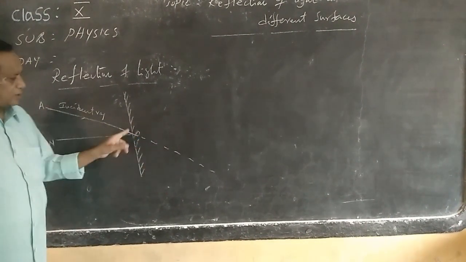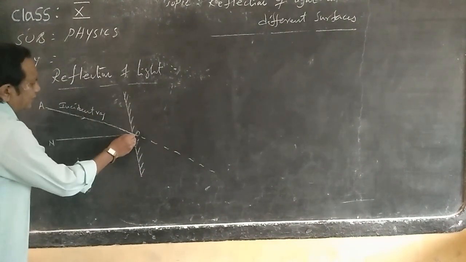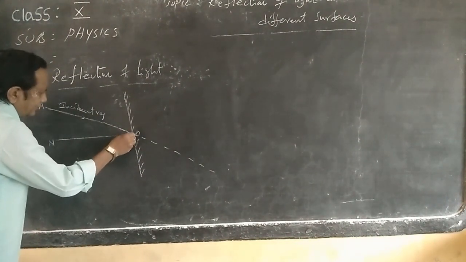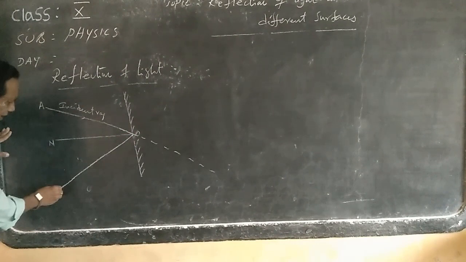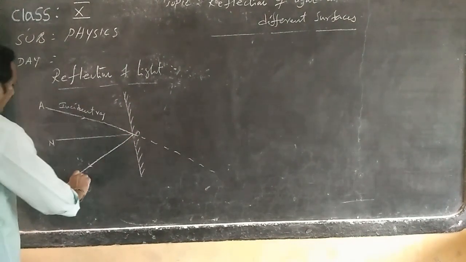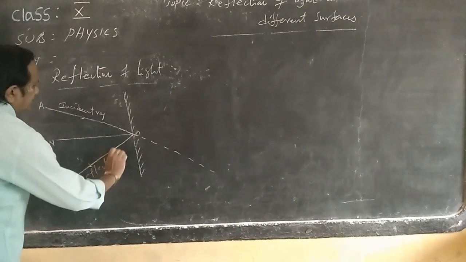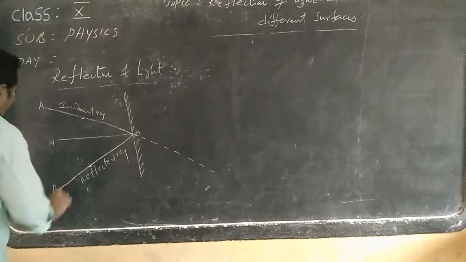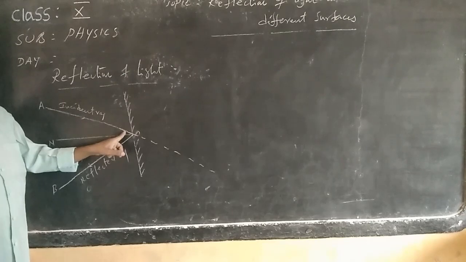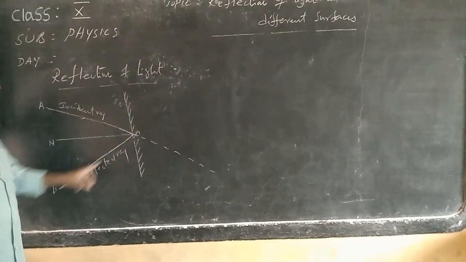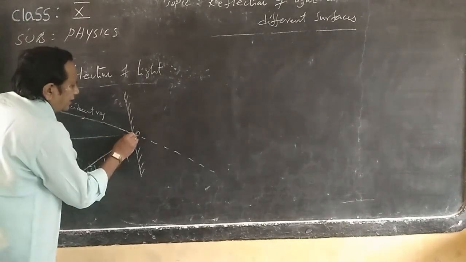Here the opaque nature is there. When the ray touches this, it comes back from the point O. This ray we call the reflected ray, OB. AO is the incident ray, OB is the reflected ray, and O is the point of incidence.